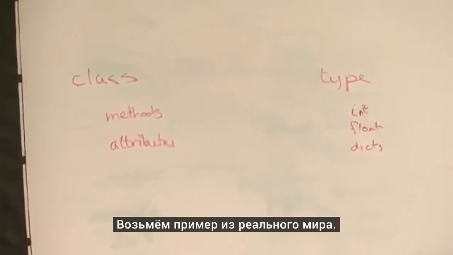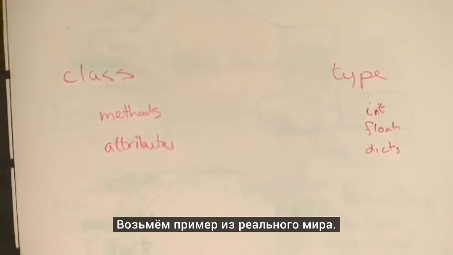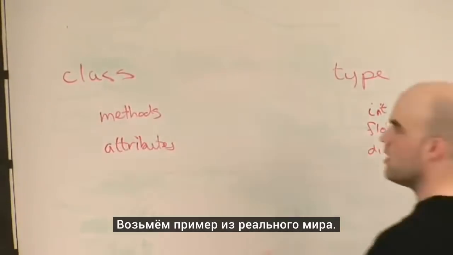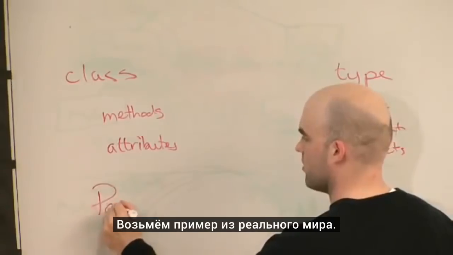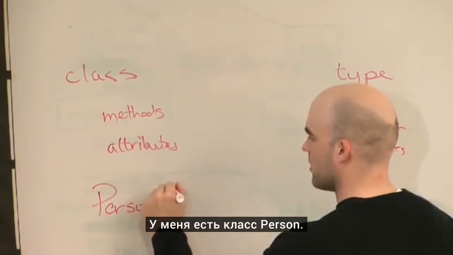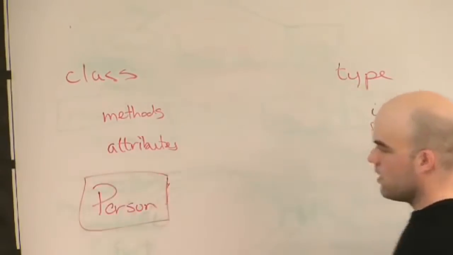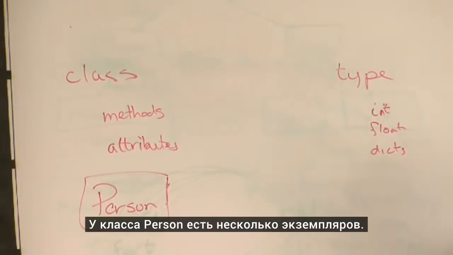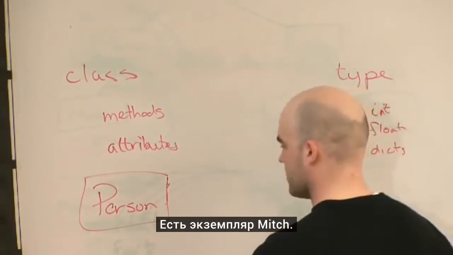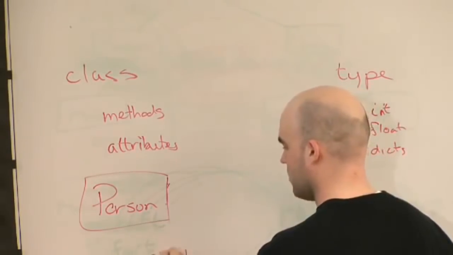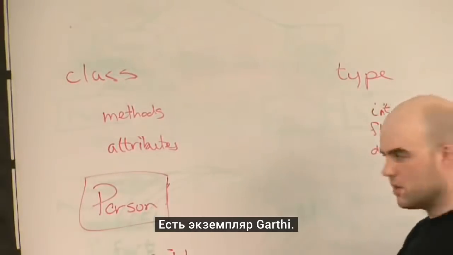So let's say that I have a real-world example. I have a person class, right? We've already kind of seen this guy. A person has multiple instances. So there's an instance of Mitch. There's an instance of Garthi.